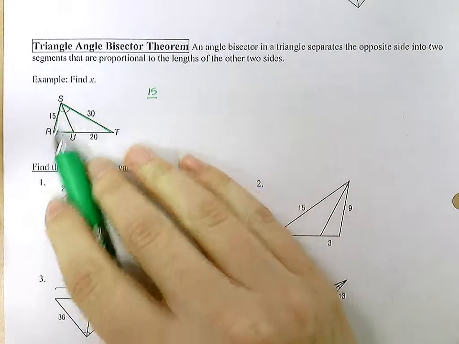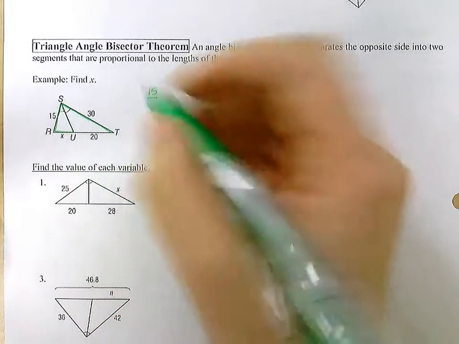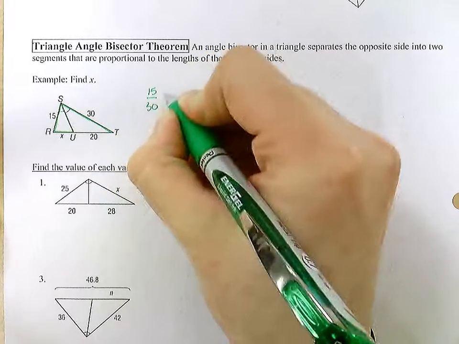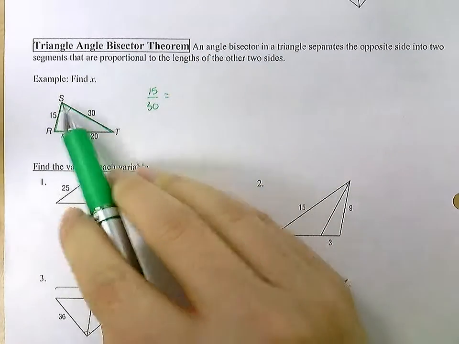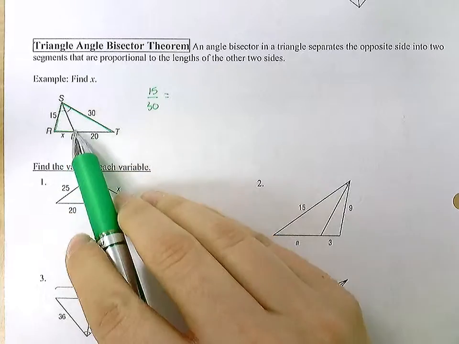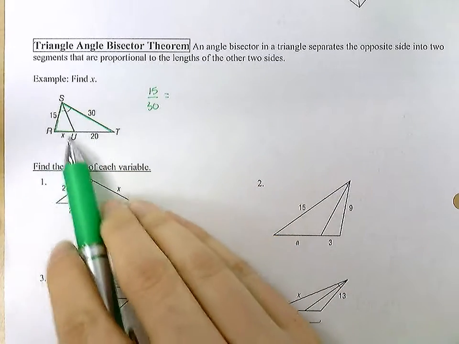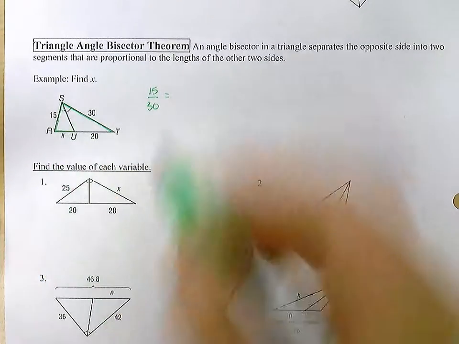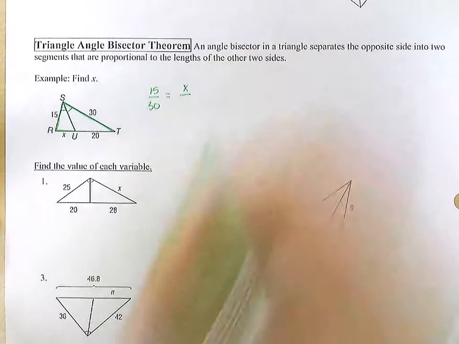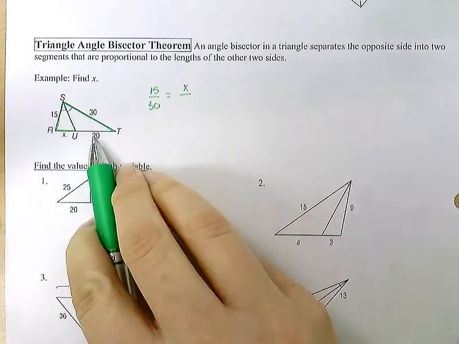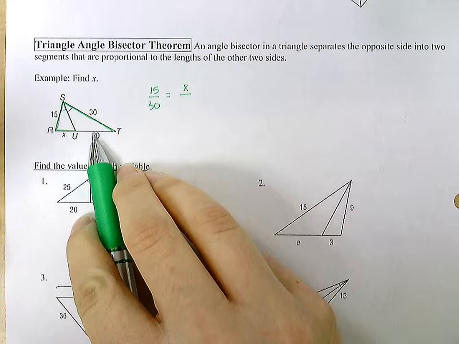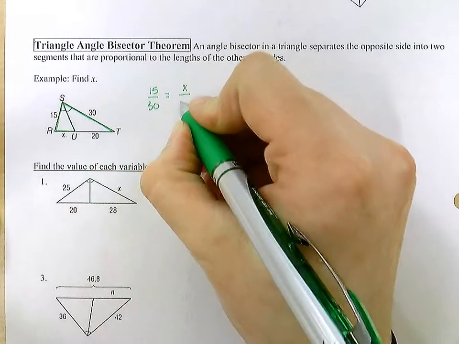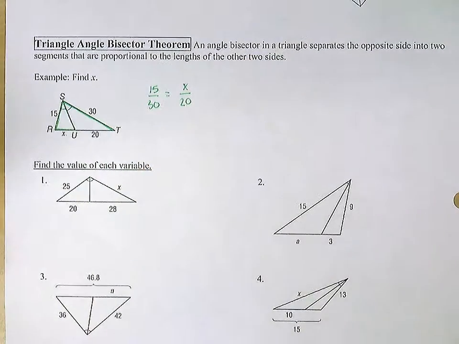So I can write 15 over 30 is equal to, since I started on the left of this triangle, I'm going to start with x in my second ratio over its proportional side on the right-hand side, which is 20. So I have 15 over 30 equals x over 20.